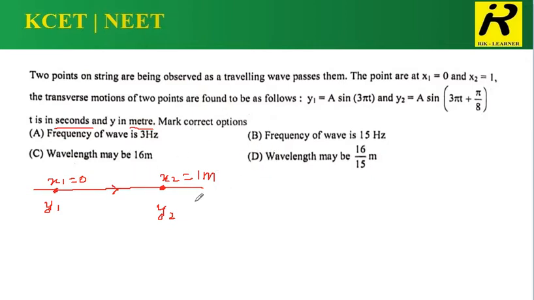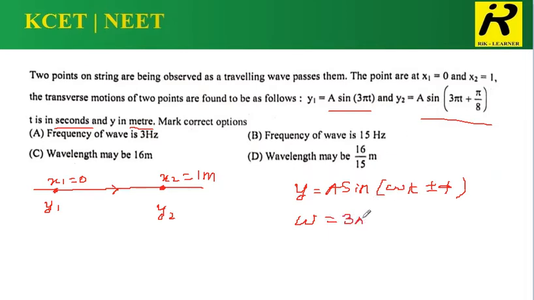In any equation of this form, the wave frequency is determined by the term omega inside the sine function. So y equals a sine of (omega t plus or minus something). Omega in both equations is 3 pi.